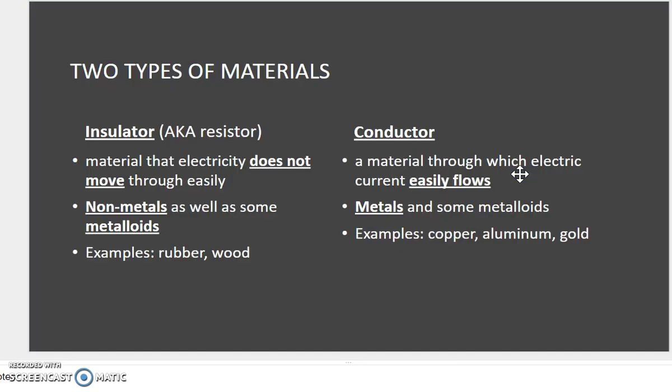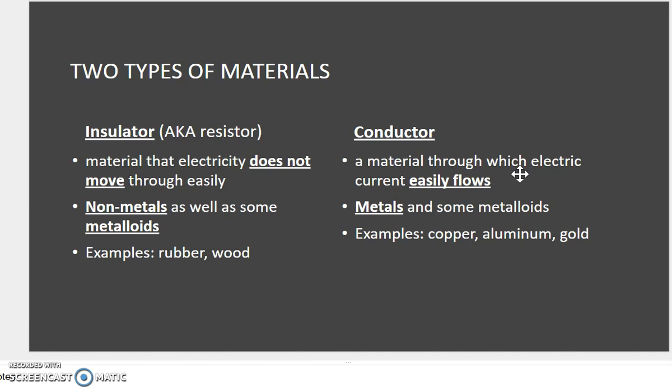Okay, so we have two types of materials, and you've heard of these before: insulators, which you also need to know are called resistors, and conductors. So insulators or resistors are materials that electricity does not flow easily through. If we go back to that triboelectric series list that we looked at earlier, and that's just a short version of that list, you would see these items at the bottom of it.